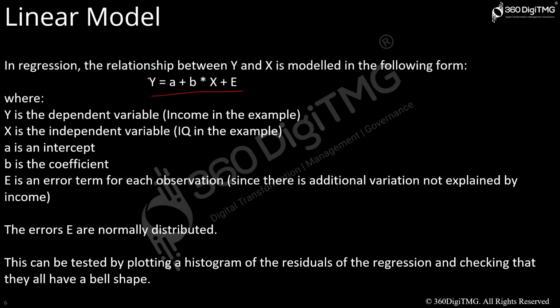So here y is the dependent variable and x is the independent variable. They have taken the example of IQ and income, and they're telling here that y is the dependent variable, that is income, and x is the independent variable, which is the IQ.